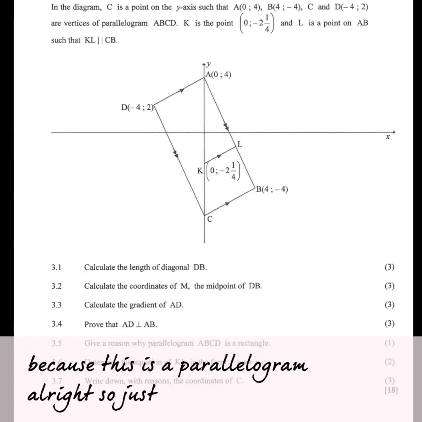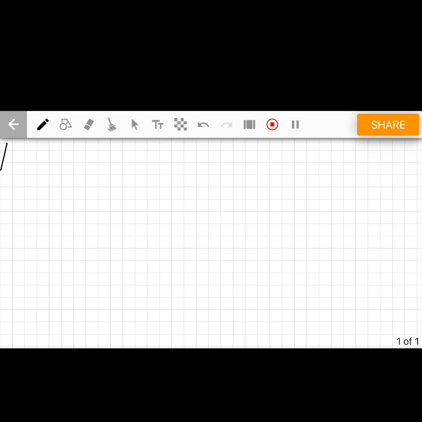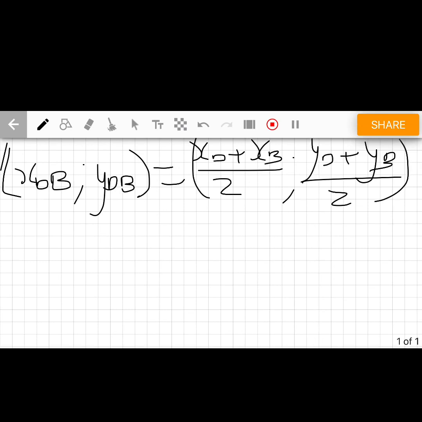So to get the midpoint, we're going to use the midpoint theorem, which states that (x of DB; y of DB) is equal to (x of D plus x of B) divided by 2; (y of D plus y of B) divided by 2.